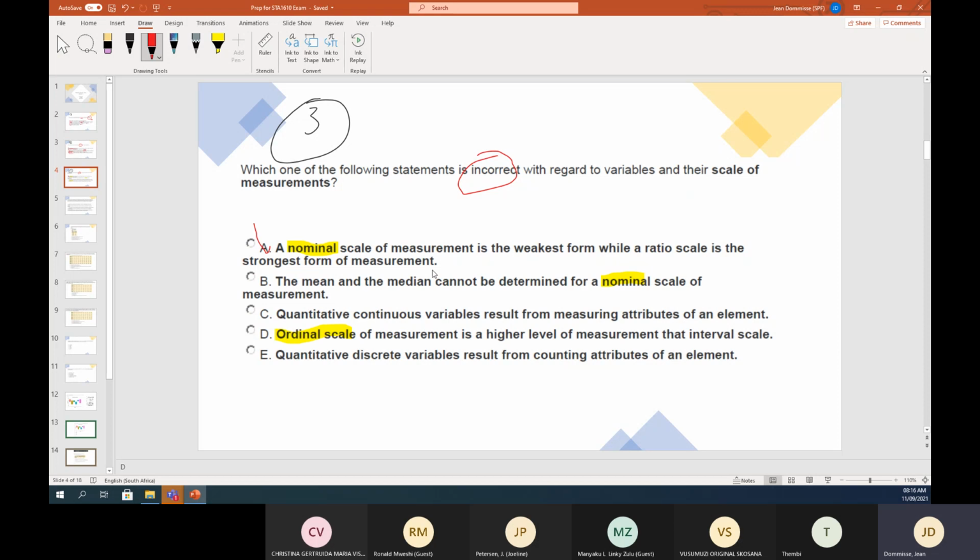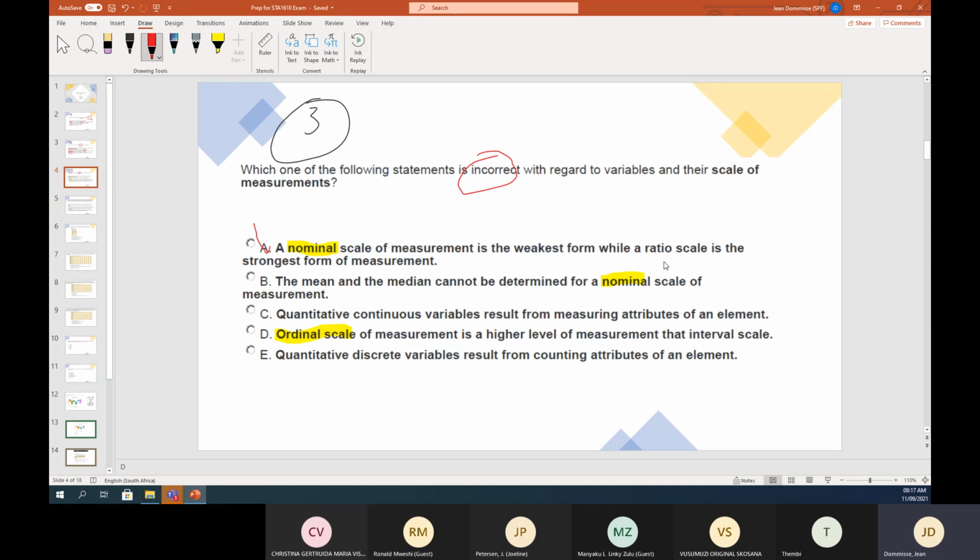But if you go to a ratio scale, that is the highest form, where there's a 0 in the measurement. If the next measurement is 1, there's a definite meaning in the difference between 0 and 1.